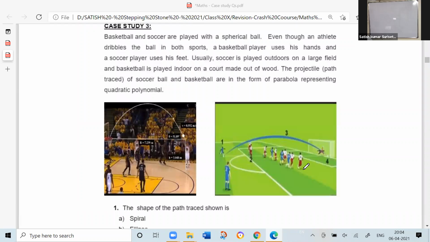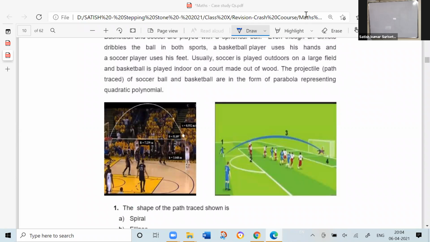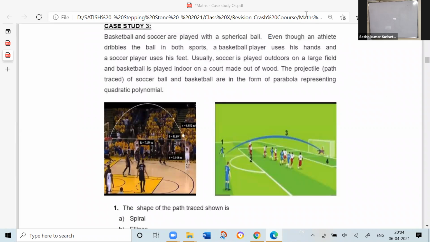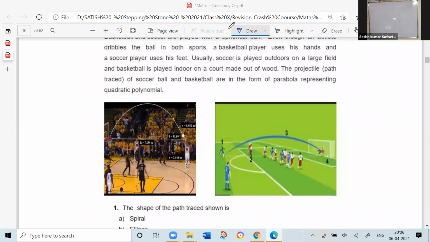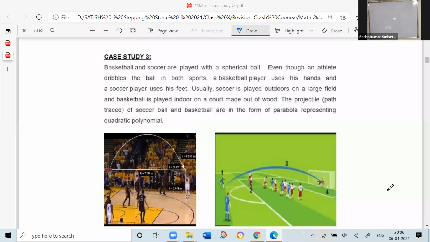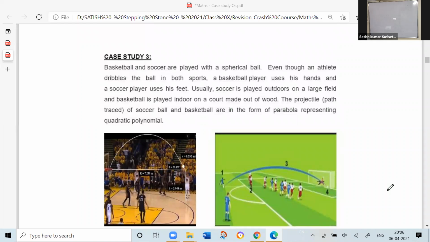Now, the third case study is: basketball and soccer are played with a spherical ball.